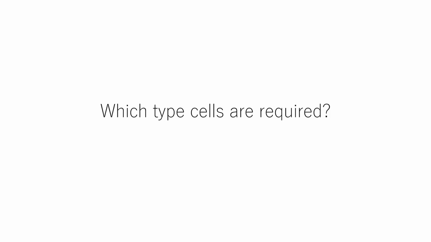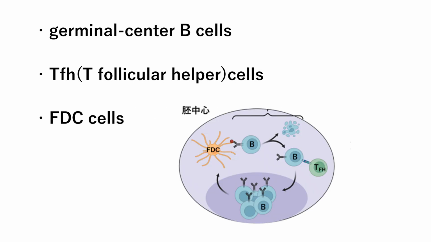Next, we explain which types of cells are required. The main ones required are germinal center B cells, TFH cells, and FDC cells. Germinal center B cells undergo somatic hypermutation and select high-affinity clones.